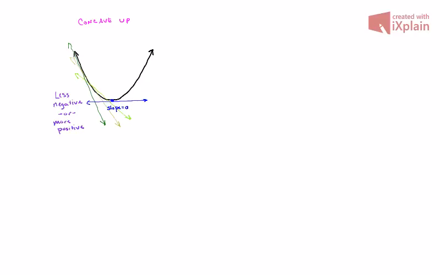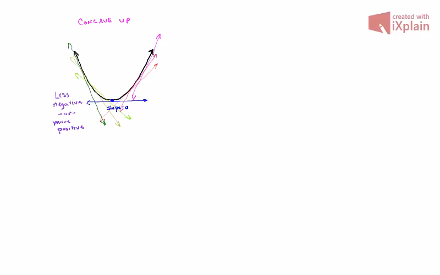But once we get past that minima and we start adding more of these tangent lines as we continue to travel, notice that these tangent lines are becoming steeper, and each of these are actually becoming more and more positive.